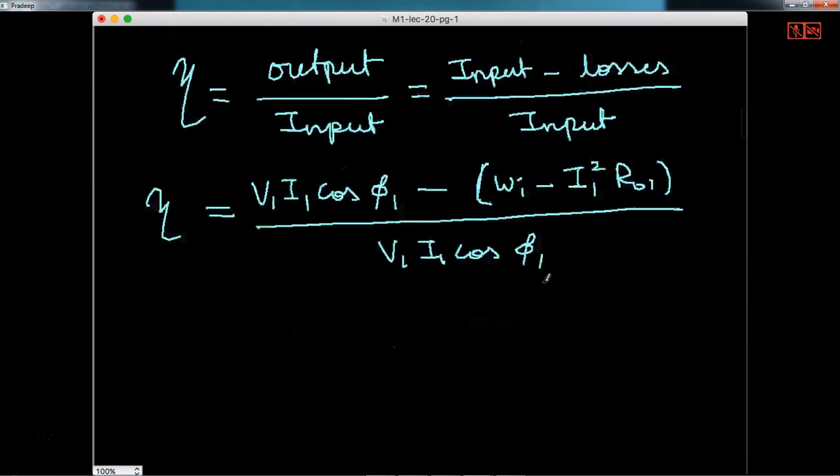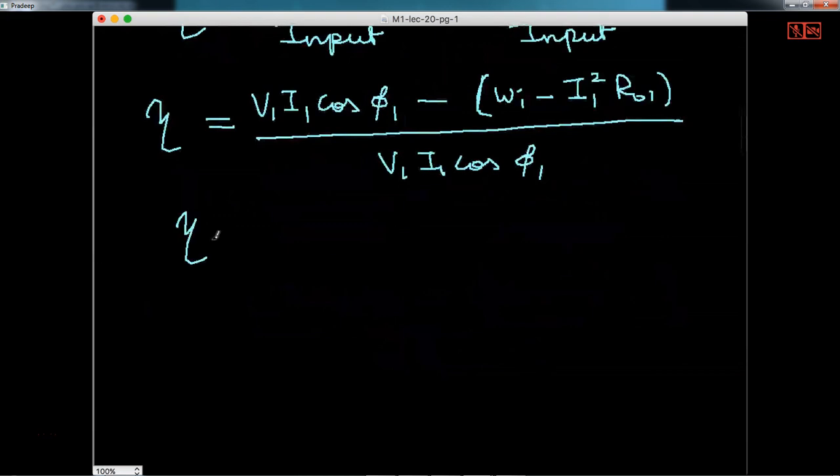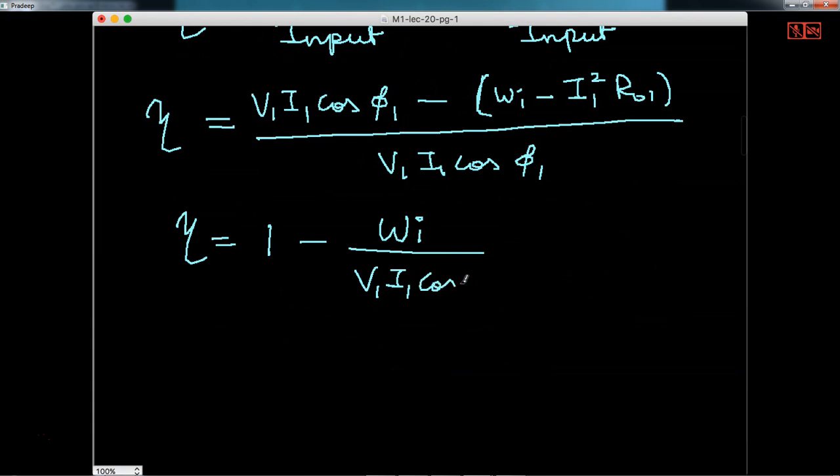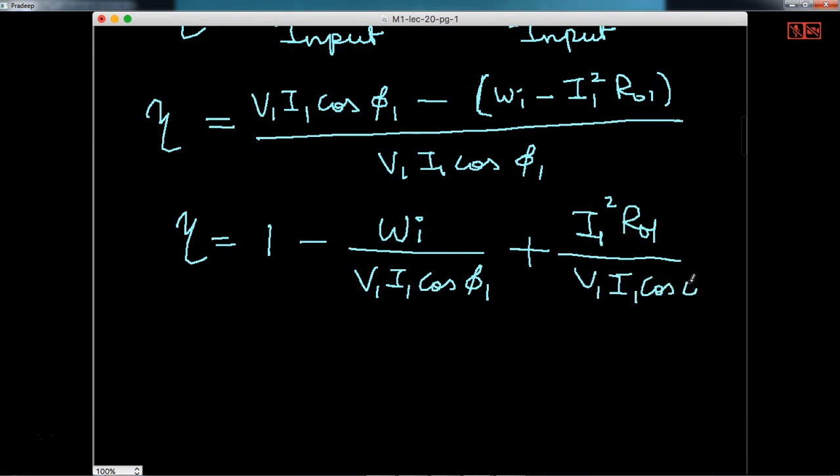So efficiency is equal to 1 minus iron losses divided by V1 I1 cos phi 1 plus, so this minus into minus will become plus, I1 square R naught 1 divided by V1 I1 cos phi 1.